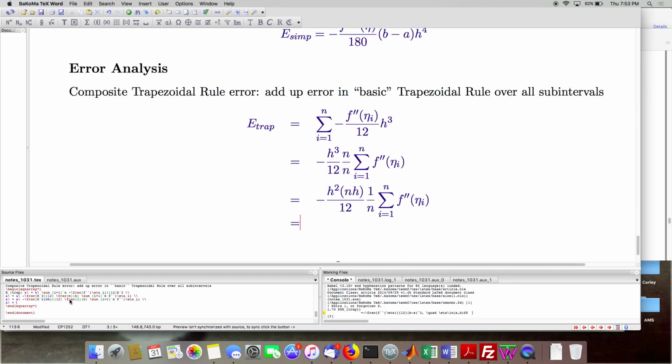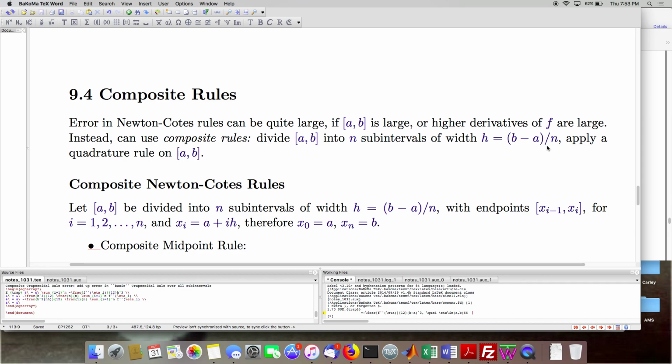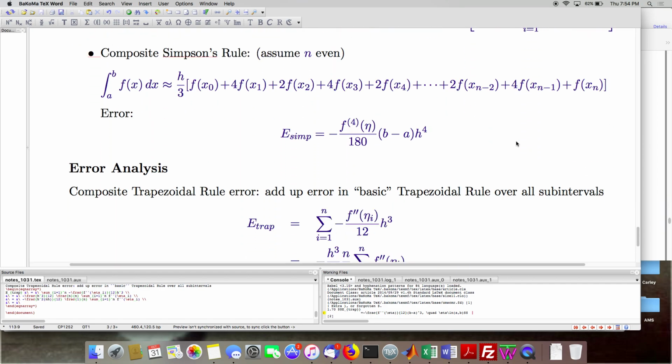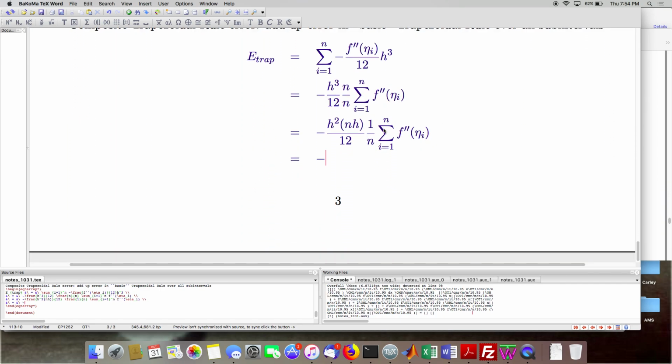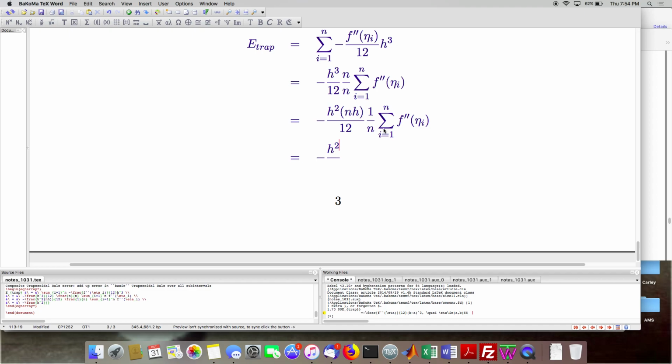Now, if you recall how h was defined, h is equal to (b minus a) over n. So if I multiply both sides by n, n times h is b minus a. So now I can have h squared times (b minus a) over 12. And what about this?